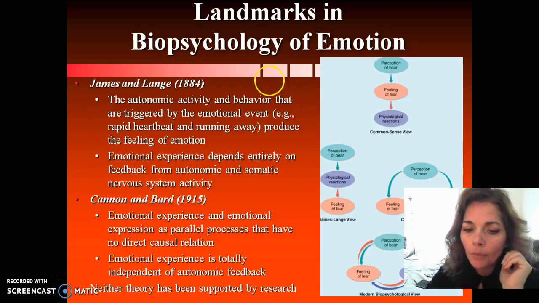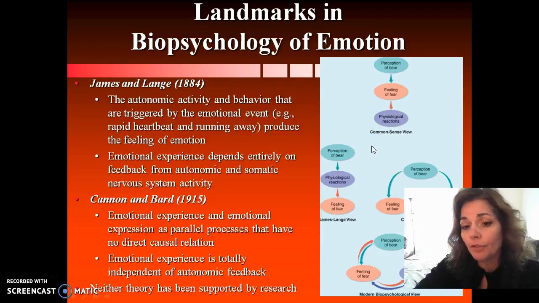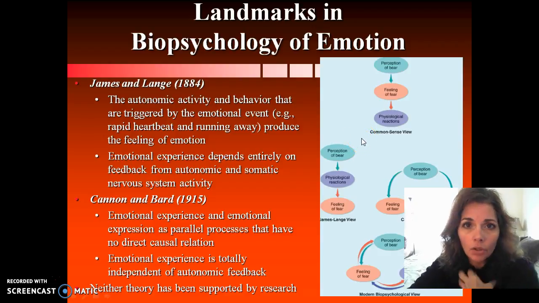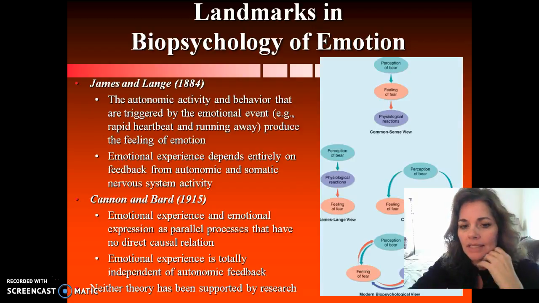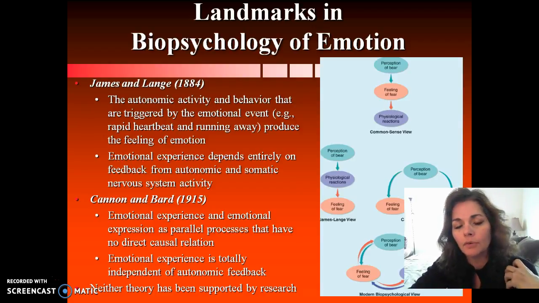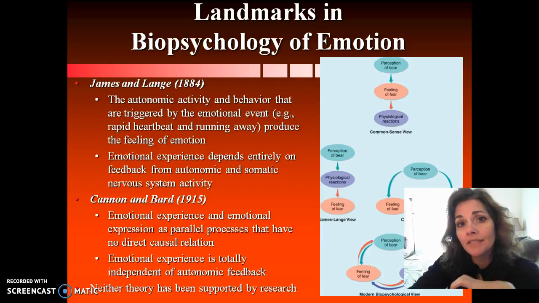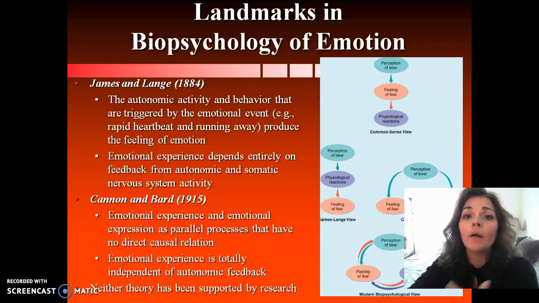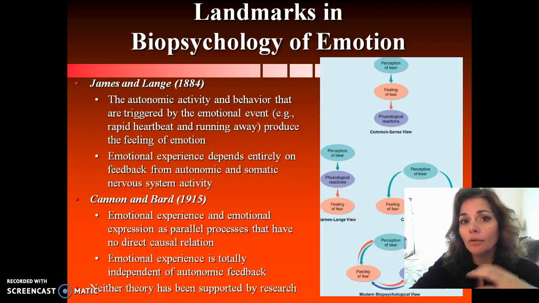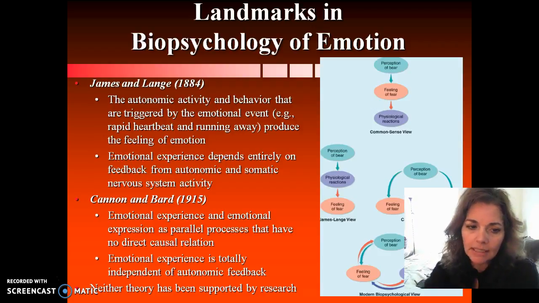In other words, for James-Lange, I perceive a threat. I have a physiological response to that threat. My heart rate increases, my respiration rate increases, I can start to feel adrenaline run through my body. And based on that physiological response, I now have a sense of fear. And so the emotion follows that physiological response.